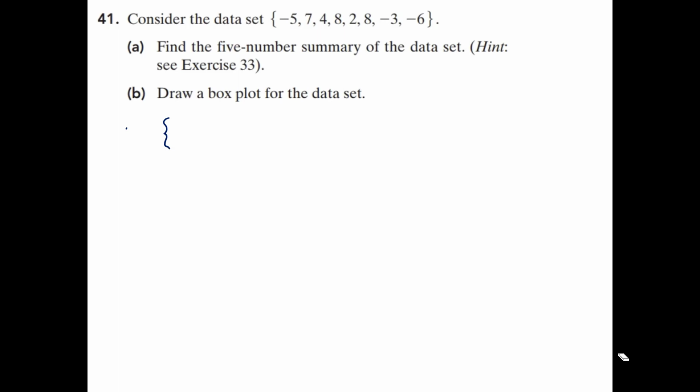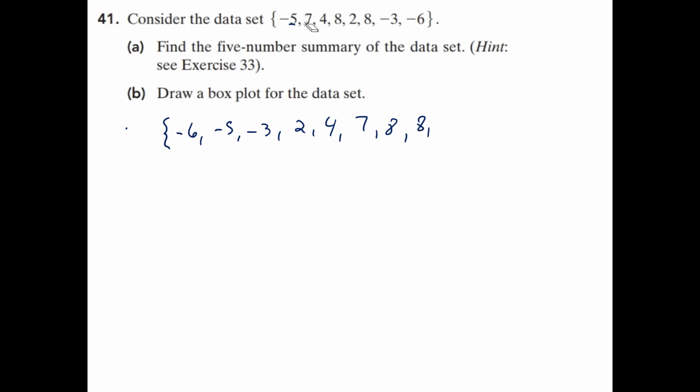So if you look through there, the smallest number is -6, then -5, then -3, then 2, then 4, and then 7, and then 8. Then you have another 8. And that was it.